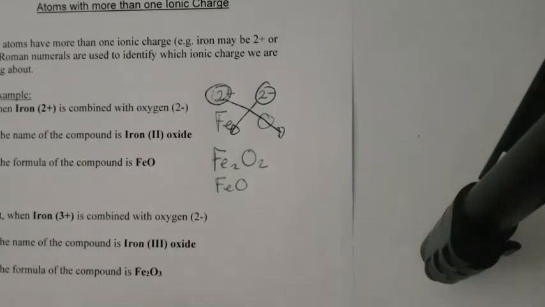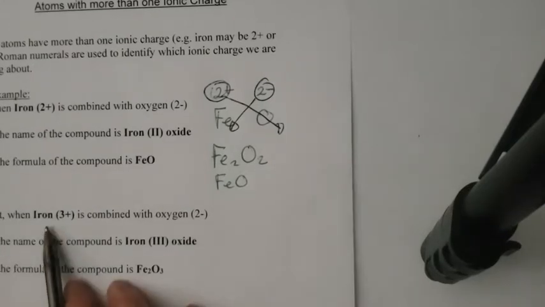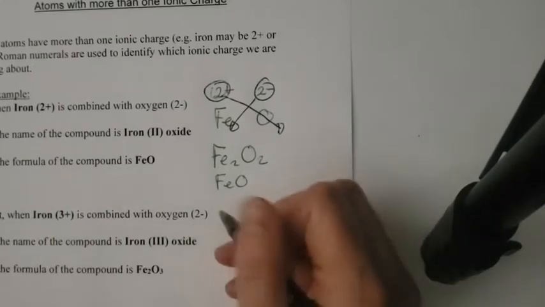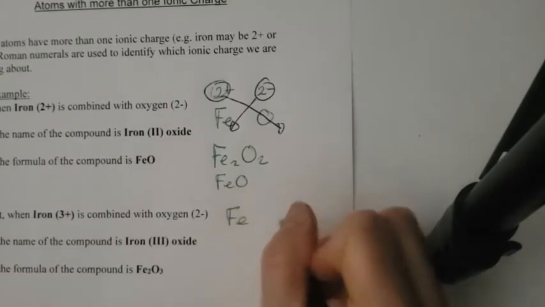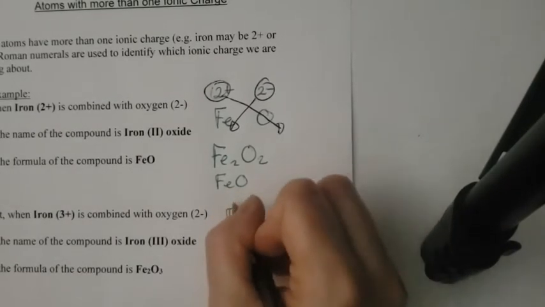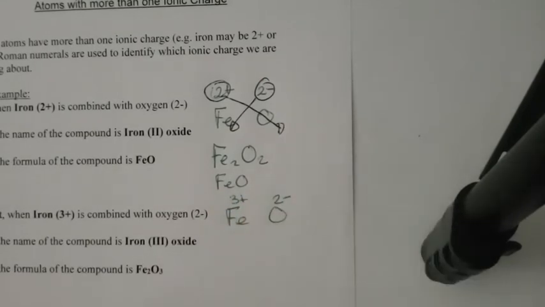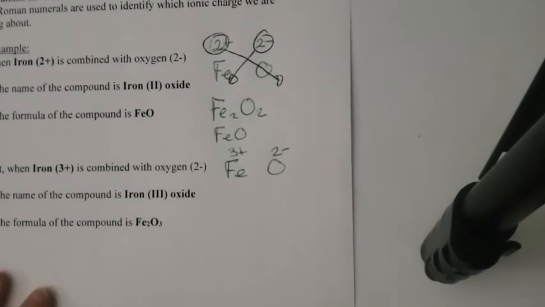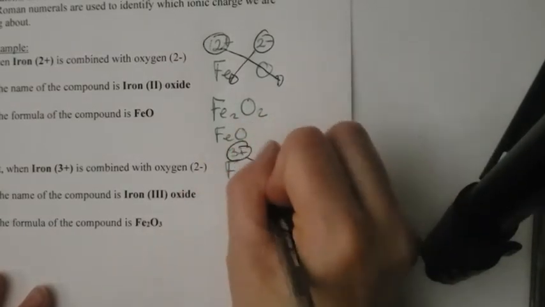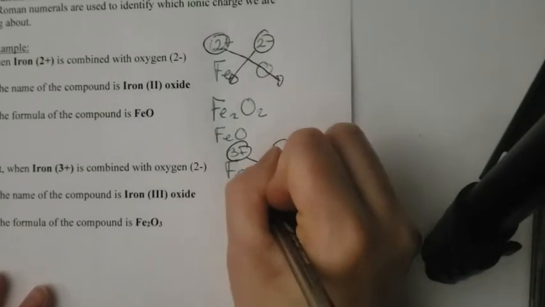So let's try one more example over here. If it was iron 3 with oxygen, you write down Fe and O. The iron has a 3 plus, the oxygen is a 2 minus. And then just like before, we do the crisscross. So the 3 comes down here, the 2 goes down here.